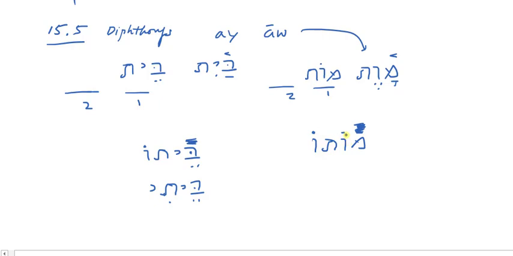Okay, so his death is moto. My death would be moti, and so forth and so on. All right, so those are the forms of bayit and mavith when we unstress them by adding pronominal suffixes that move the stress off of that first syllable.